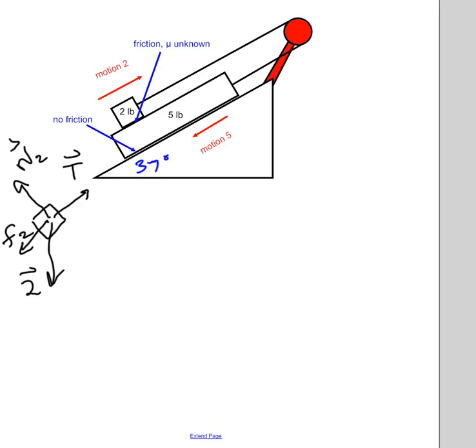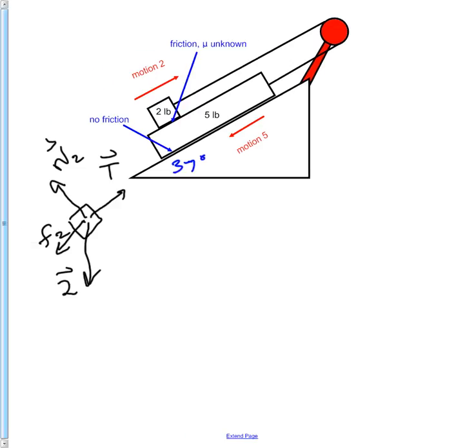And that's everything. So now let's choose a coordinate system, and I'll choose one where the y-axis is like this, the x-axis, it's not so good, but you know what I mean.